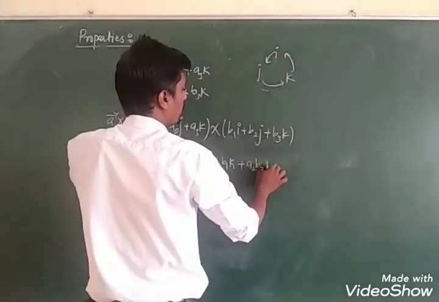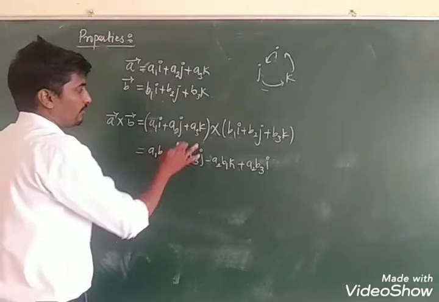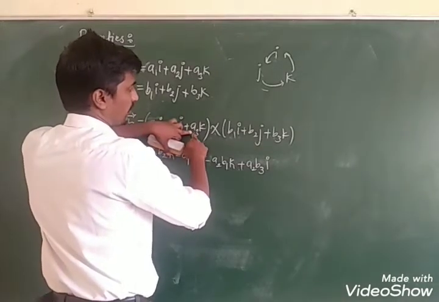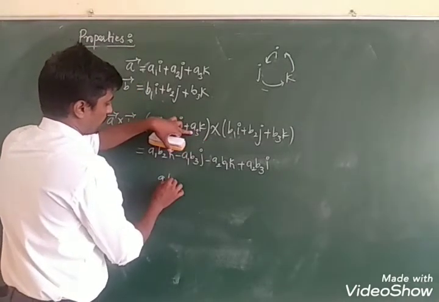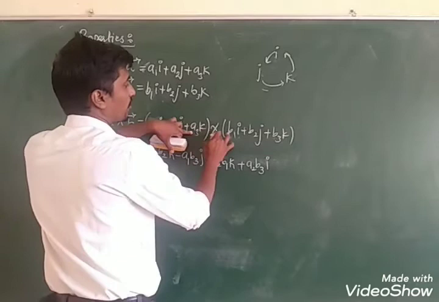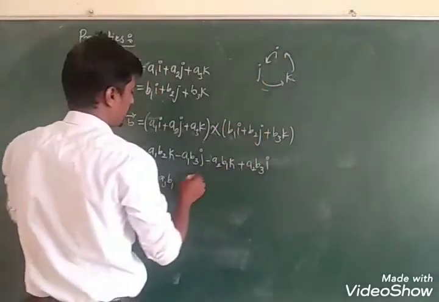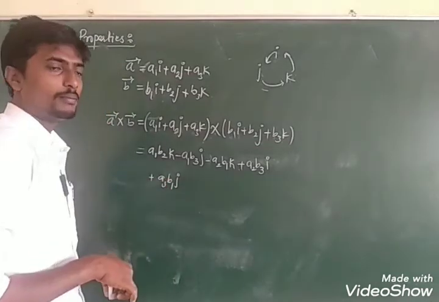Consider the value I directly here. Now A3 into B1, K cross I. It is a similar direction, so we take the value as it is, J, as a plus J.